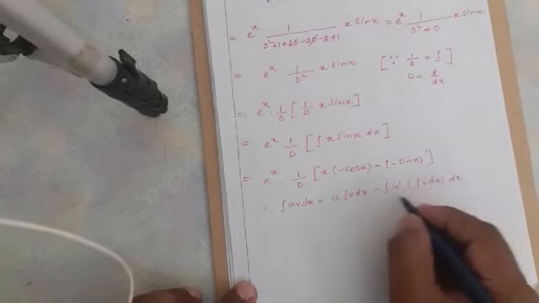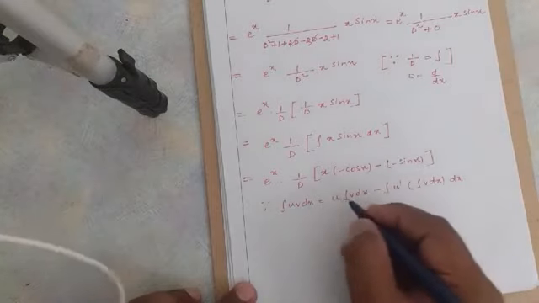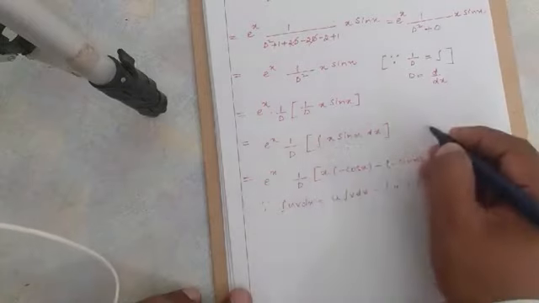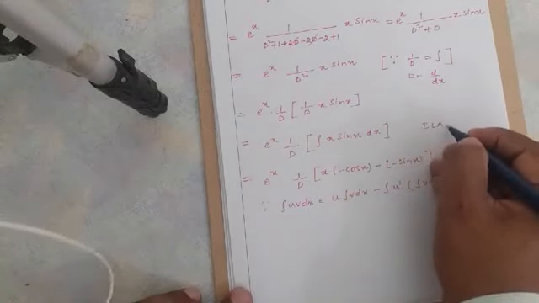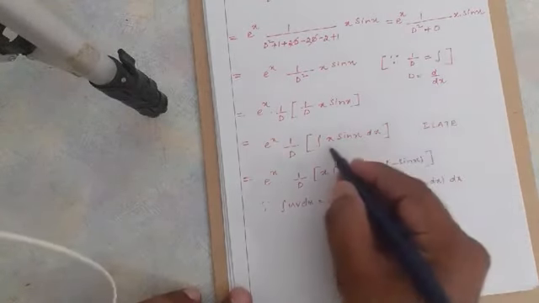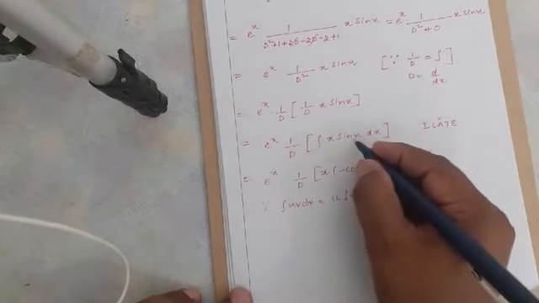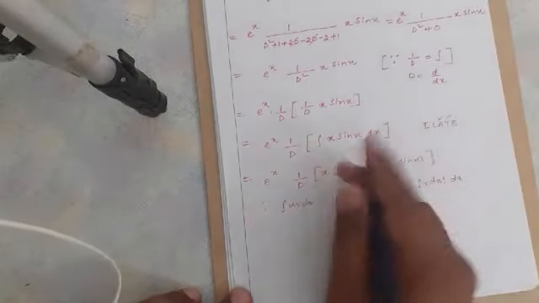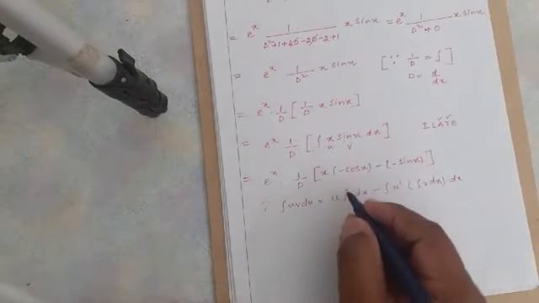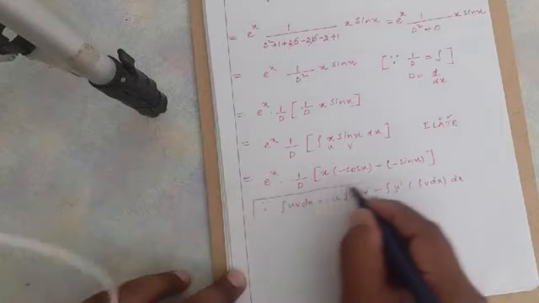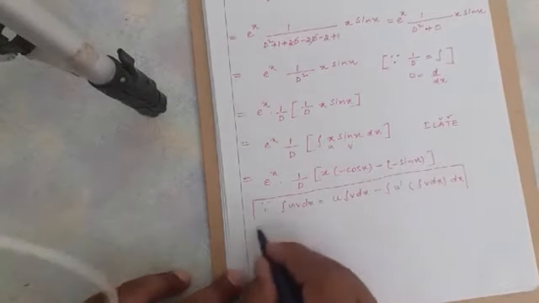This is the formula for integration by parts. We are applying the ILATE rule: x is algebraic and sin x is trigonometric, so in order, this is u and this is v.